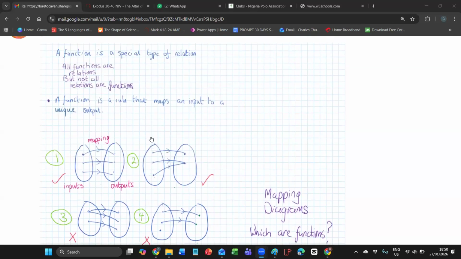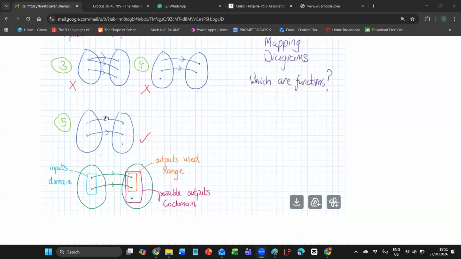Because we are still working within the parameters of the definition that a function is a rule that maps an input to what? A unique output. It doesn't say that all the outputs will have mappings from the input, but it's saying that all the inputs will be mapped to a unique output.